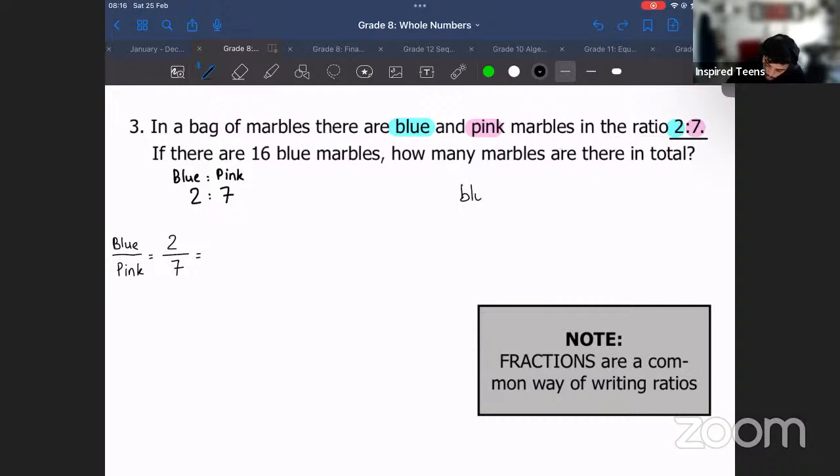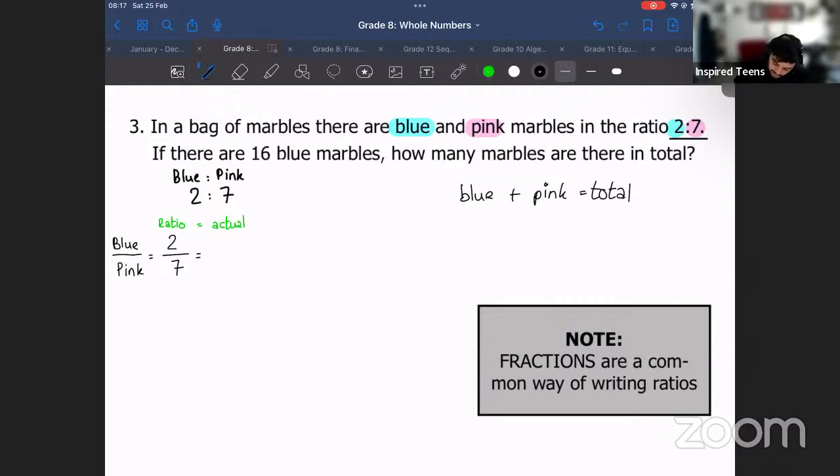Remember, the blue plus the pink is going to be equal to the total. Now, I don't know the pink. However, I can express it within the same ratio. So this is the simplest ratio, and this is the actual. Remember, if we express it as a fraction, the ratio and the actual amount are going to be equal in ratio.